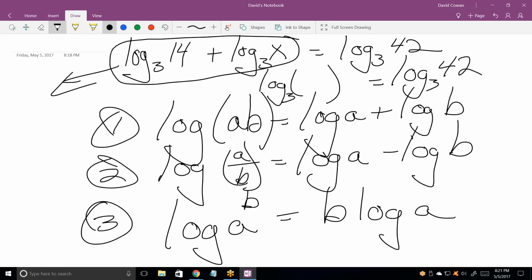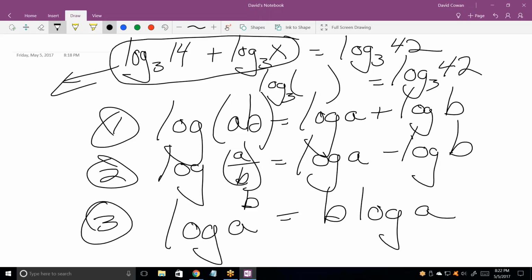Well, first of all, these three rules are dependent on the base being the same everywhere. In other words, if this was log base 3 and this was log base 4, I could not apply any of these three rules. So the number one requirement is that the base be the same everywhere. And that's all you're going to get.